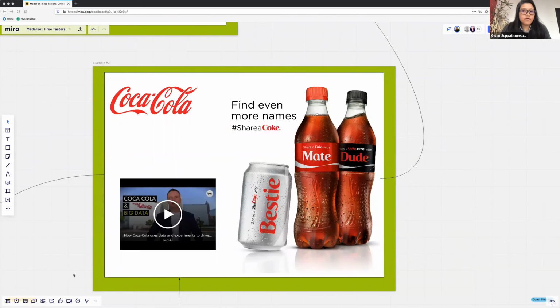They allow people to mix and match flavors. More than 150 beverages were made through this, and by analyzing social media data and the sentiment of what people think of each flavor, they identified that the best flavor is Cherry Sprite, along with one other flavor, and they produced this into a new product.